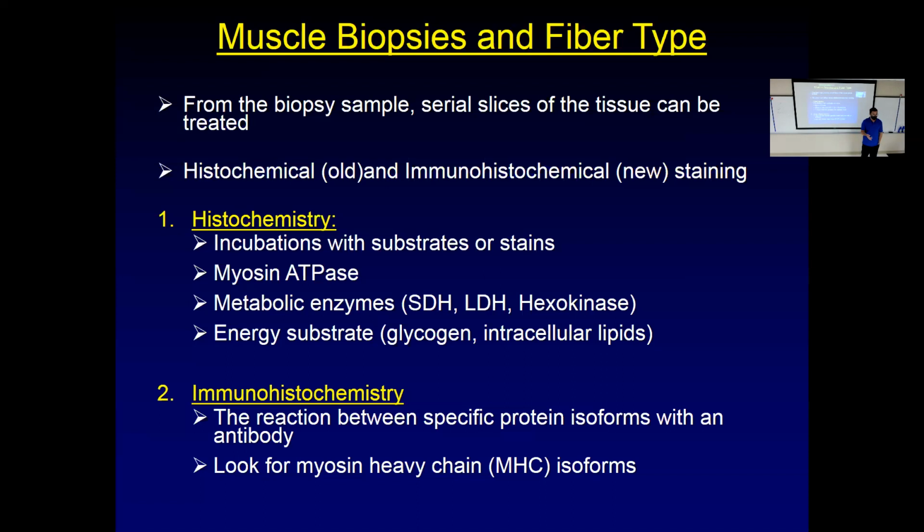They're called type 1, which is slow, okay? And then type 2, which is fast, but there are multiple types of type 2 fibers, and that's based upon the myosin heavy chain differences. The 2 primary ones that we see in humans are type A and type X, okay?